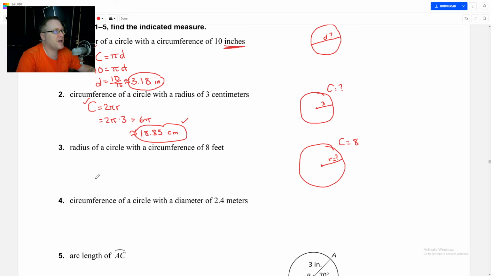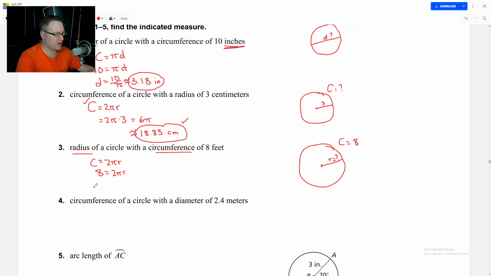Since this gives us circumference and radius, we're going to use this formula again, C equals 2 pi r. C is 8, so 8 equals 2 pi r.